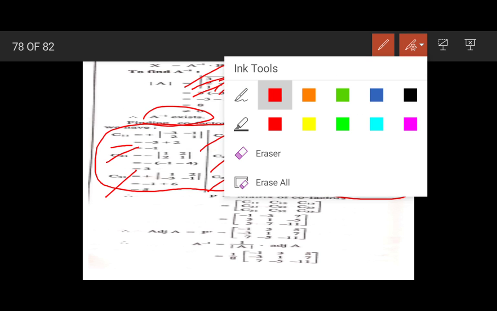So, how to find cofactors? For cofactors, first we have to write the sign matrix. The sign matrix starts with plus, then alternates sign: plus, minus, plus, then minus, plus, minus, plus, minus, plus.